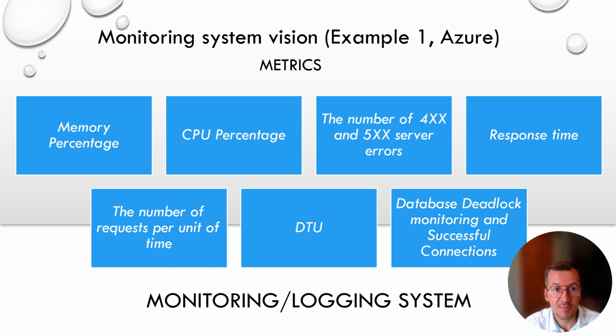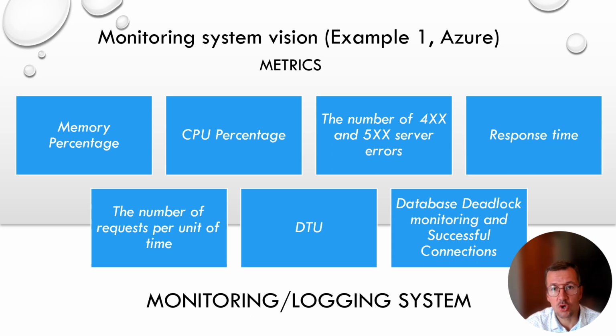In order to make decisions in this case, it's necessary to analyze another important metric: the number of requests per unit of time. The next metric is DTU, or database transaction unit, of the database.